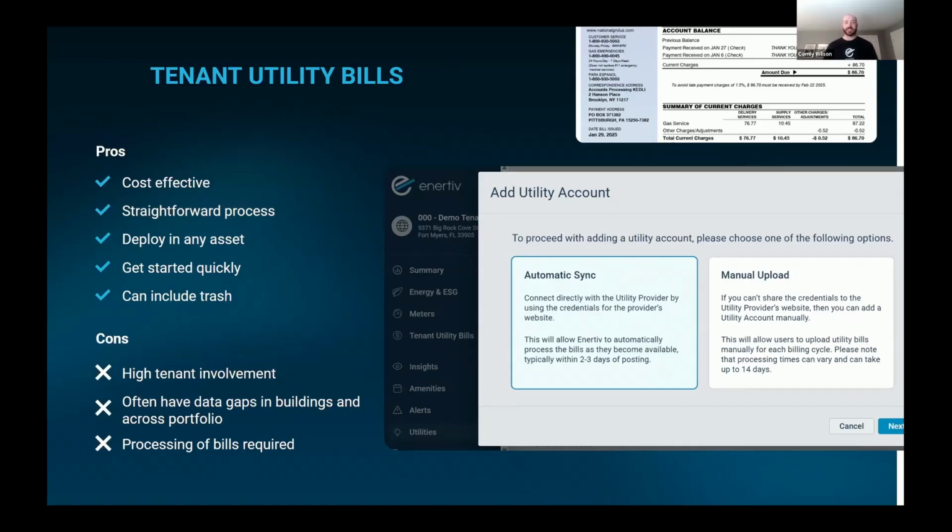The nice thing here is that unlike the Utility Direct Connect, bills do have to be processed. So the software can do that processing. There's no manual step from property manager to consultant.